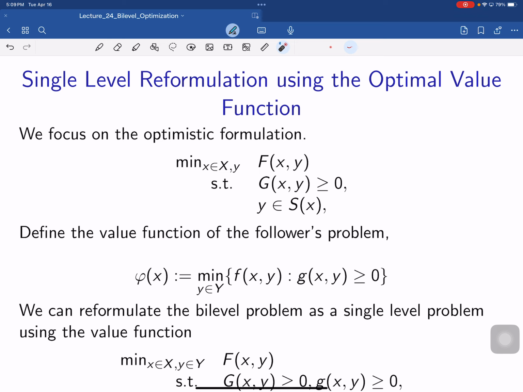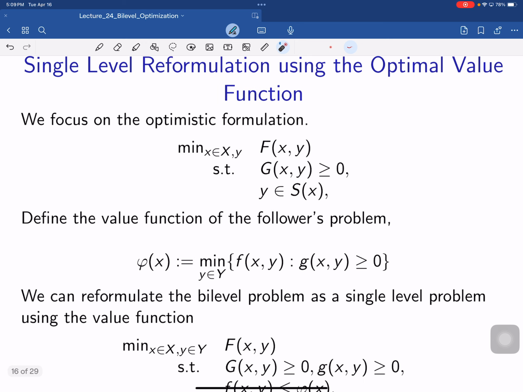So let's first define a value function of the follower problem. We have talked about value functions in a previous lecture. Basically, it is a function related to an optimization problem. Let's define phi of x: phi of x is the minimum of the follower's objective for a given leader's decision.